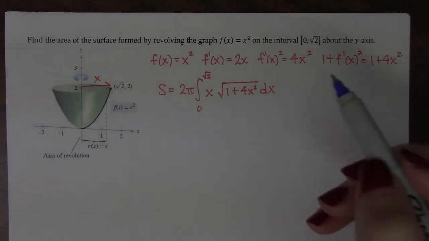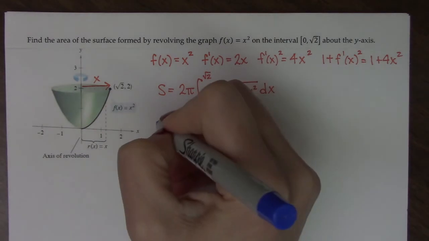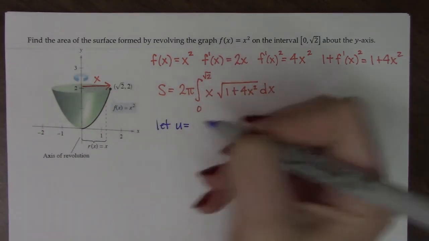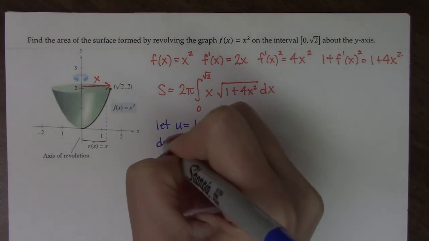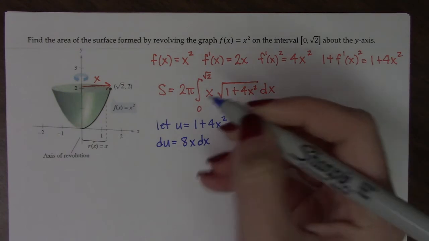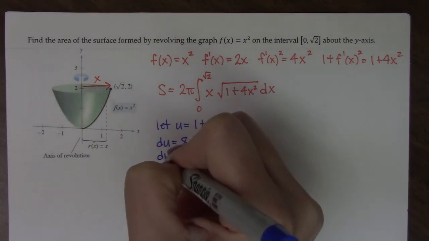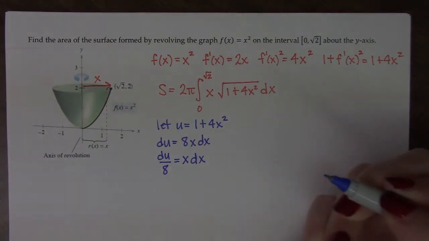If I have an x squared under the radical, I better have an x out front, and I do. So we're going to let u be 1 plus 4x squared. Our du will be 8x dx. I've got the x and the dx, but not the 8, so I'm going to solve this for x dx.